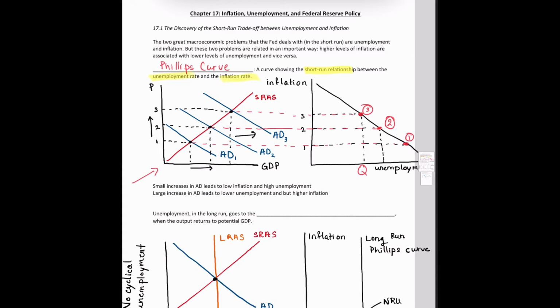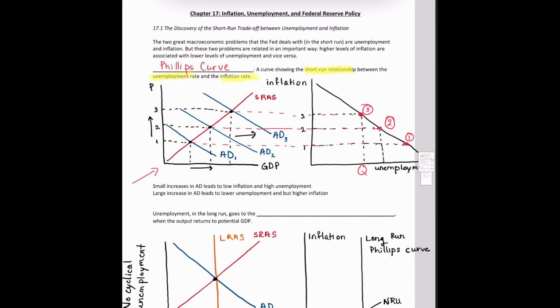And so policymakers could essentially choose a point on the Phillips curve and essentially trade higher inflation for lower unemployment and vice versa. But it didn't turn out to be true, and sometimes allowing more inflation doesn't necessarily lead to permanently lower unemployment.